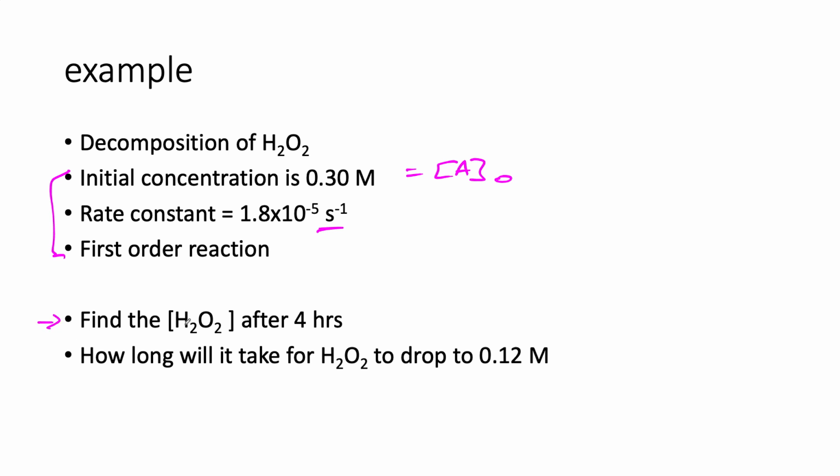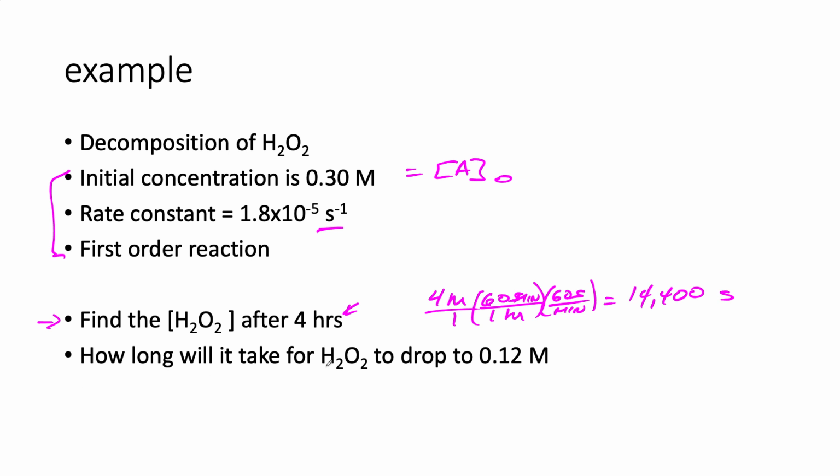One, find the concentration of hydrogen peroxide after 4 hours. So we need to convert 4 hours to seconds. That's 60 minutes per hour and 60 seconds per minute, and so you get 14,400 seconds as the time.